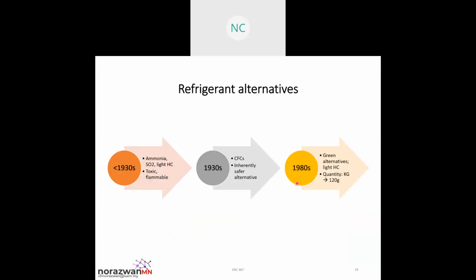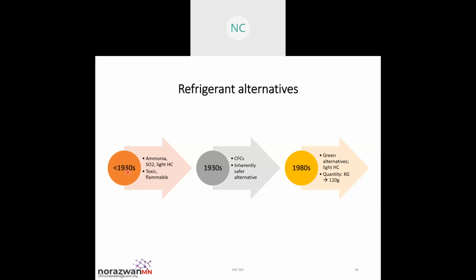For example, the refrigerant alternative. In the early days, we were using ammonia, SO2, and light hydrocarbons for our refrigerant. We were using these materials inside the refrigerator in the early 1930s.